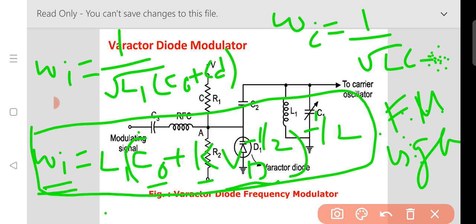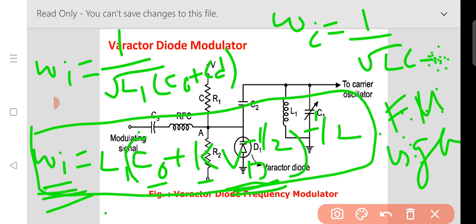Finally our equation is omega equal to 1 by L into (C naught plus K into Vd) to the power of minus 1 by 2. By observing this equation, the change in Vd causes the change in frequency.